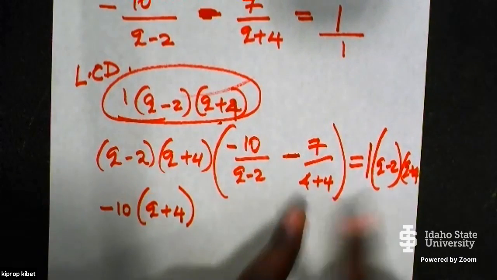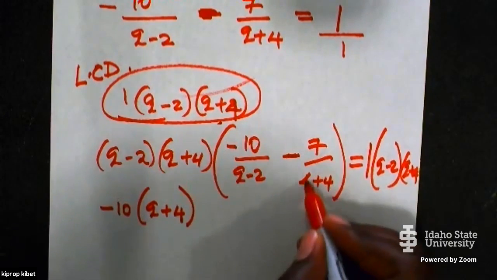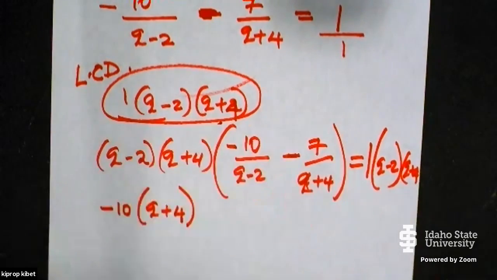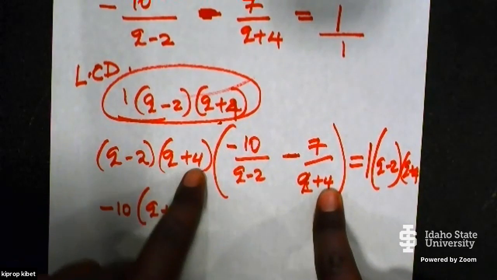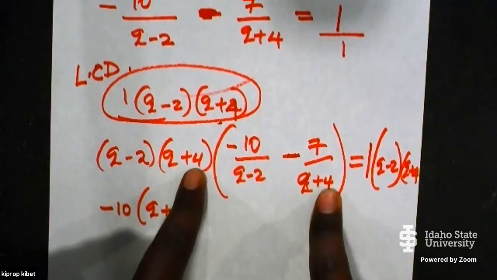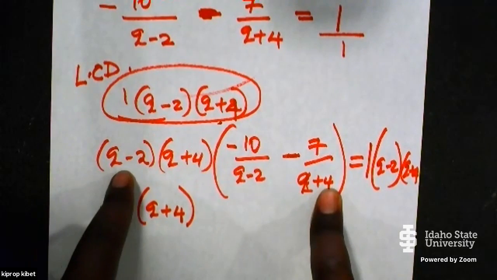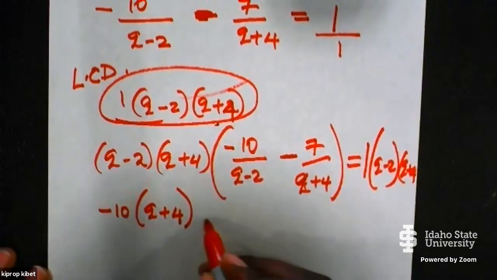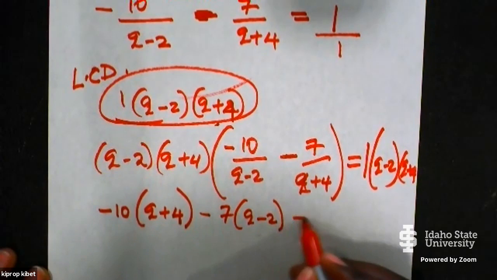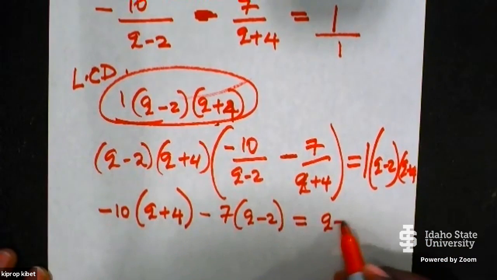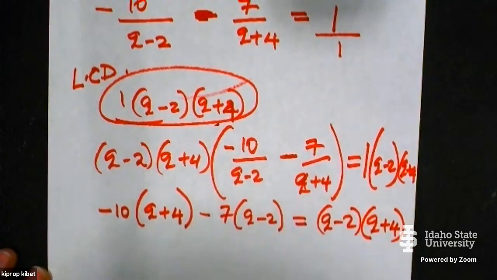Again, when you multiply 7 over q plus 4 by (q minus 2)(q plus 4), q plus 4 will cancel, so what remains is q minus 2. So here is minus 7 times (q minus 2), equals all of these will just be like that.